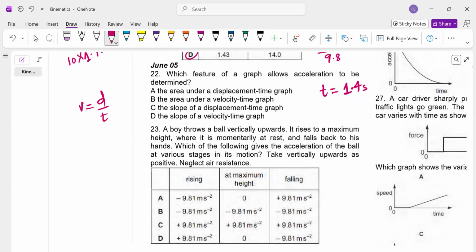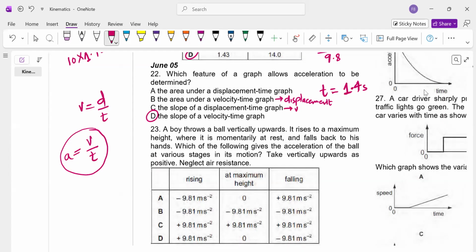Then the area under the velocity time graph gives you displacement. Slope of the displacement time graph gives you velocity. Slope of the velocity time graph gives you acceleration.